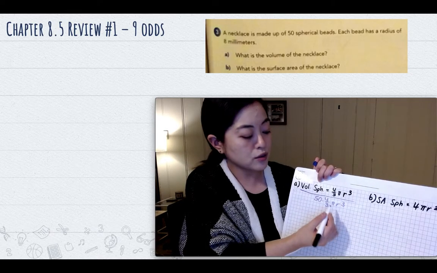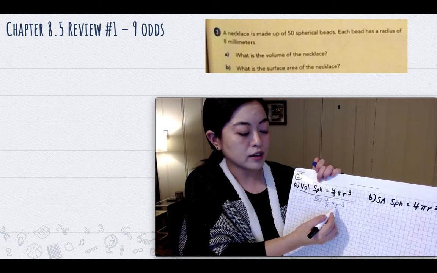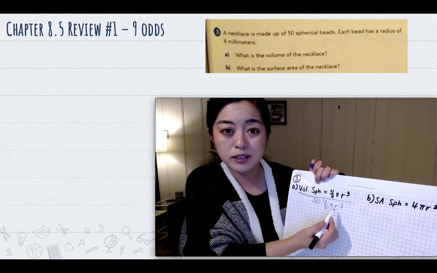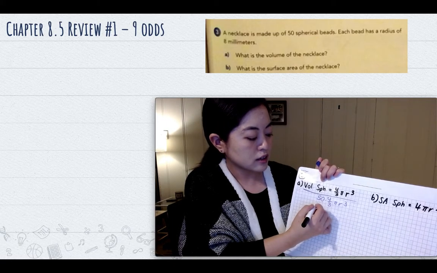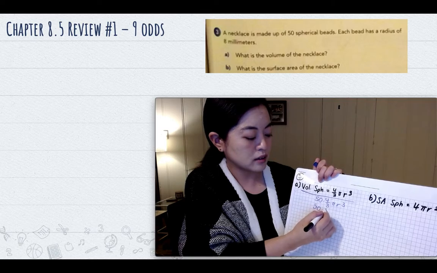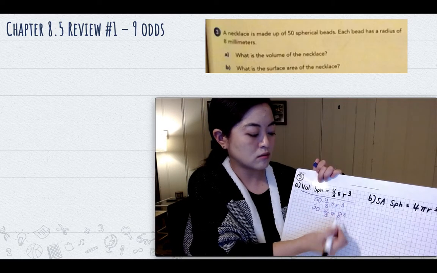And they give you the radius, don't they? Right? It has a radius of 8 millimeters. Okay, so I'm going to input in 8.